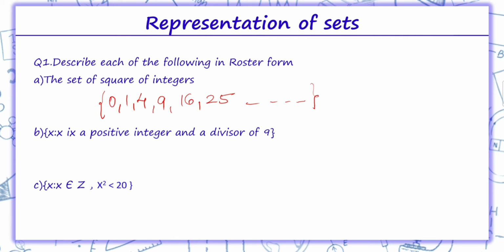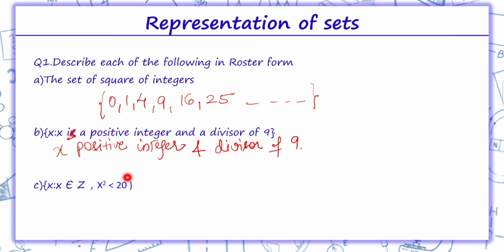Coming on to next: x such that x is a positive integer and it is a divisor of 9. Now over here, as we know, x is a positive integer and it is a divisor of 9.